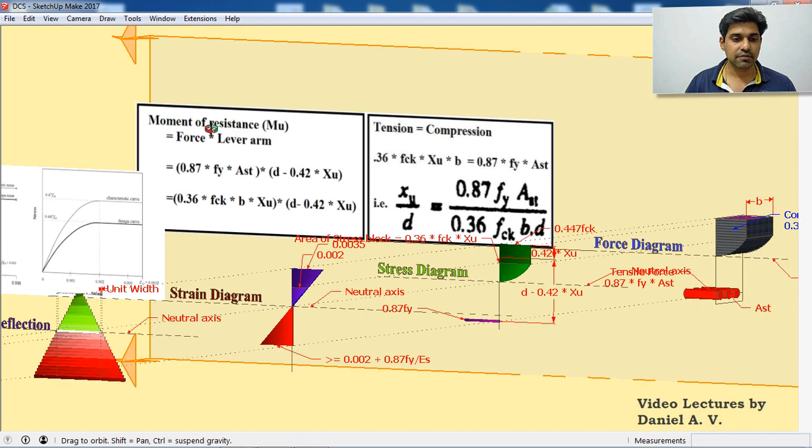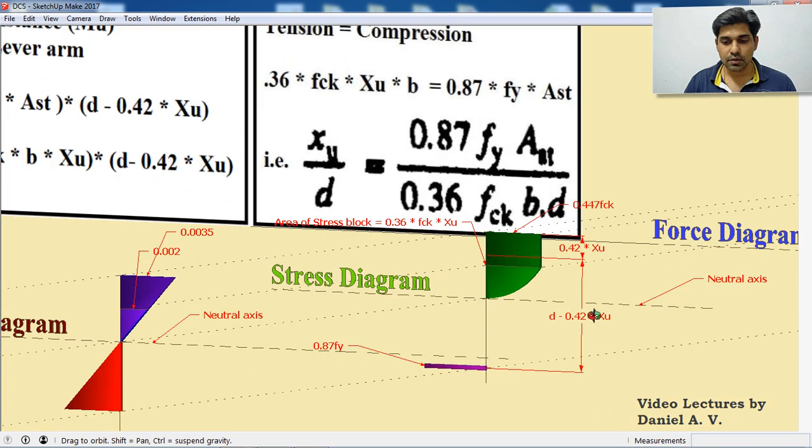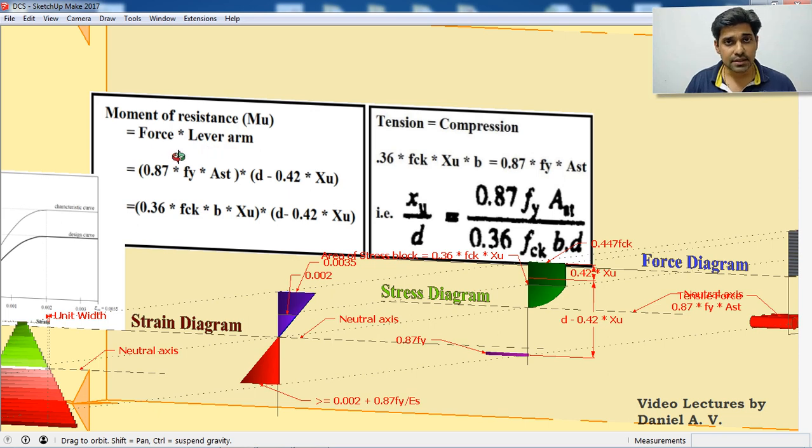Similarly, if I want to calculate the moment of resistance or the moment carrying capacity, we know that moment is calculated as force times lever arm. The lever arm we have already calculated, which is d minus 0.42 XU. What about the force? The force is either the tensile force or the compressive force. Both are having equal magnitude.